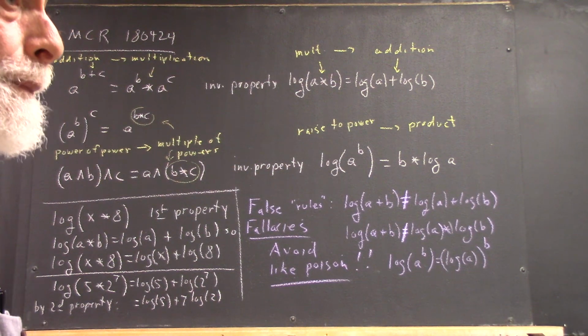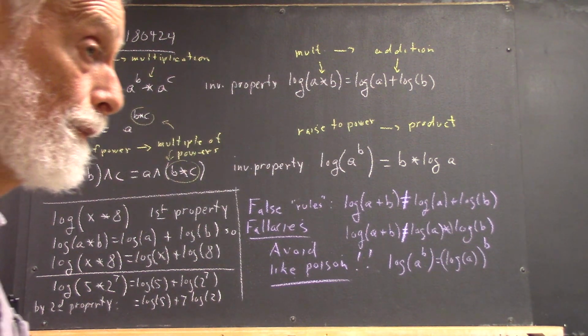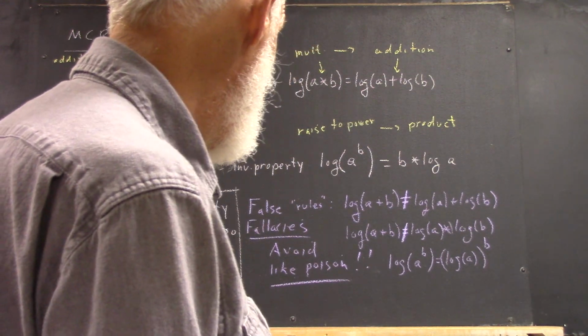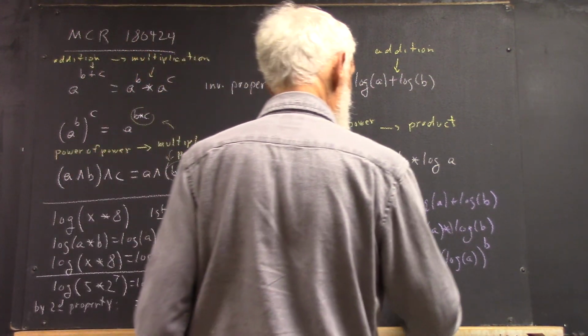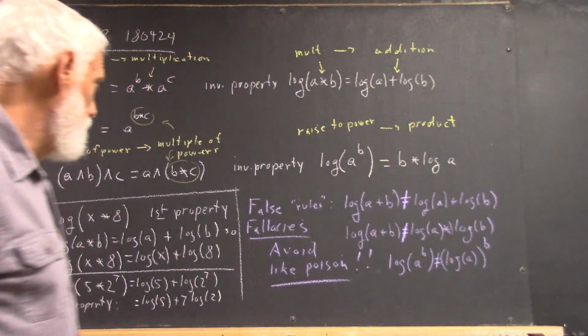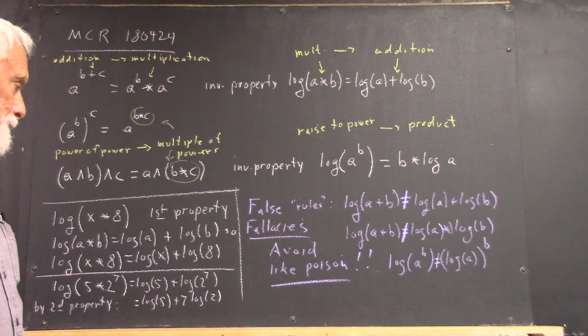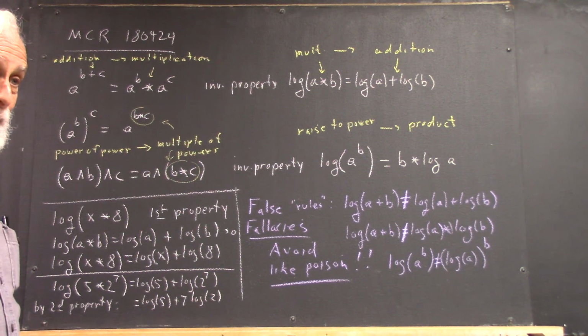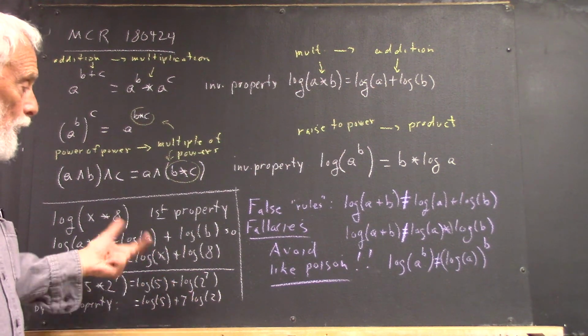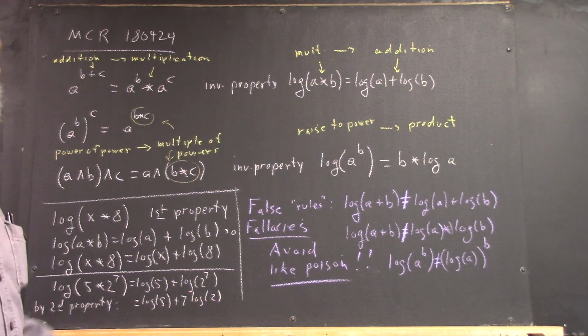I'm sorry, Lena. Could you, instead of doing 7 log 2, could you just do log of 128? That works? Log of 128, so 2 to the 7th is 128. Yeah. Would that work for you? But that doesn't really get you anywhere. Okay. This does. In other words, log of 128, what's the log of a single number?